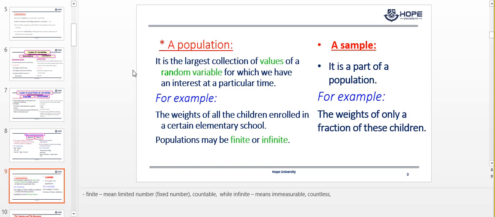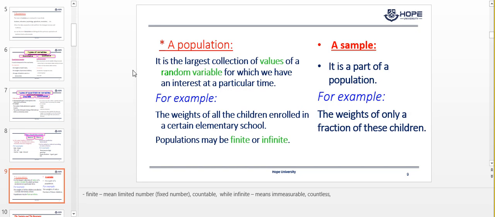As an individual, you cannot count all of them. So a population could be finite, a fixed number, or infinite, an unfixed number. Finite means a limited, fixed, countable number, while infinite means immeasurable, countless.